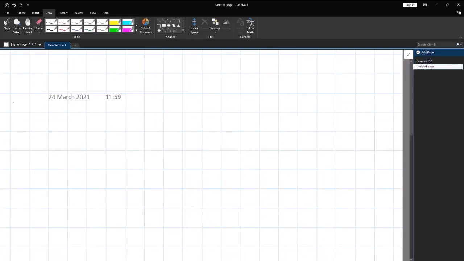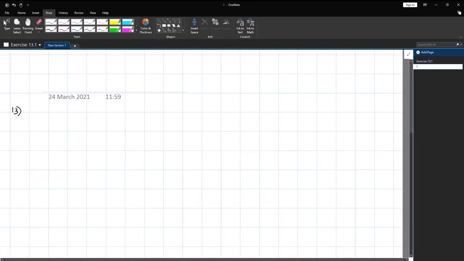Okay, question number 13. Limit x tends to 0, sine ax divided by bx. So if we directly substitute, we'll have 0 by 0.